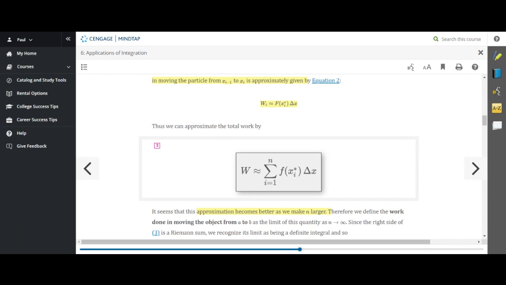Now, what do you think we're going to do with this Riemann sum? I mean, this is an approximation, what you're seeing in this Formula 3. To find the exact amount of work, what are we going to let n go to? Infinity. That's right, Maria.